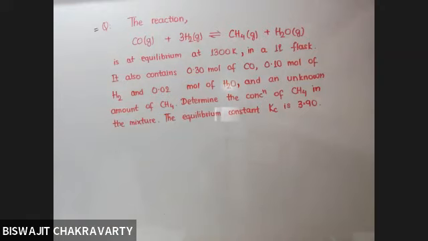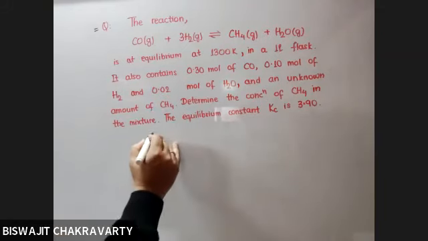It will not be molar because all are moles. We do not know the methane amount. You have to calculate the concentration of methane, and what you are given is the equilibrium constant. So how will you proceed?